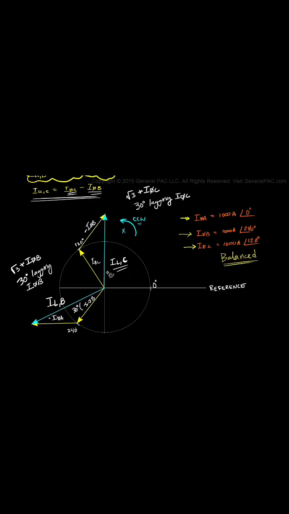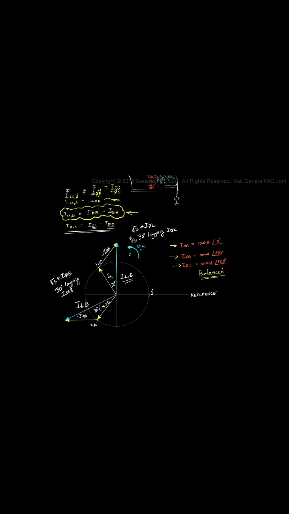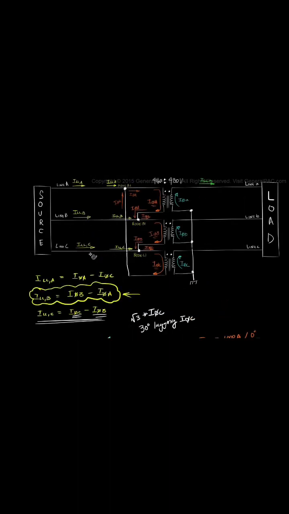Alright, you see that? As they all rotate in the counterclockwise direction, there's a 30 degree phase shift between phase current C and line current C. So what we're saying essentially is that line current C is going to node C1.